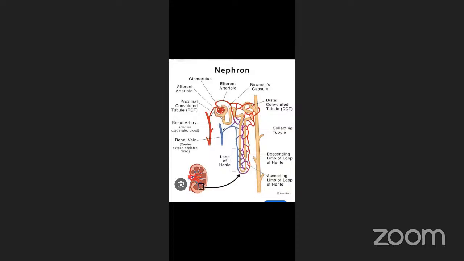The renal vein, on the other hand, is also unique because veins, what you know about veins, they carry blood with a lot of carbon dioxide and more wastes. The renal vein, in this case, will contain little amount of nitrogenous waste because most of it would have been removed by the kidney.